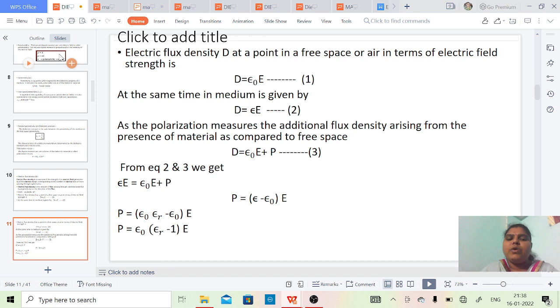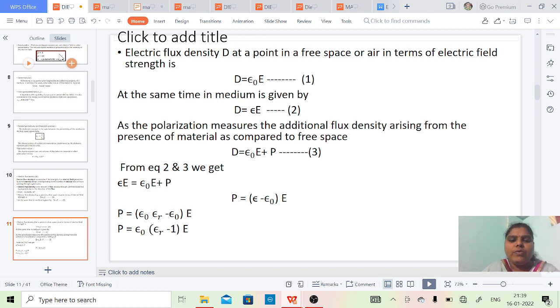So D equals epsilon naught E plus P. From these equations we know that epsilon E equals epsilon naught E plus P. So now P equals epsilon minus epsilon naught into E.